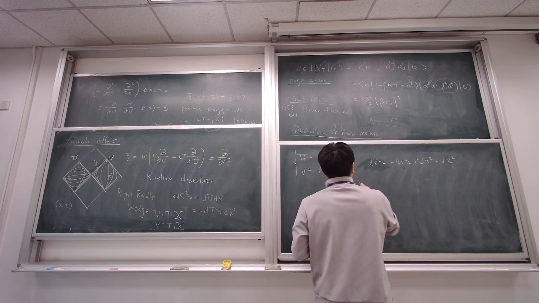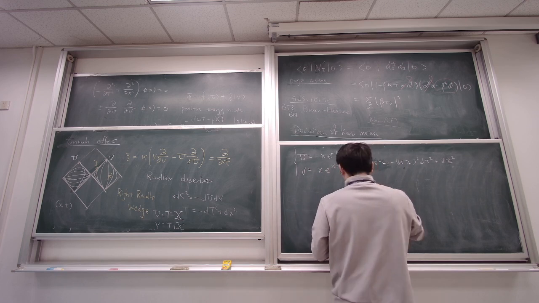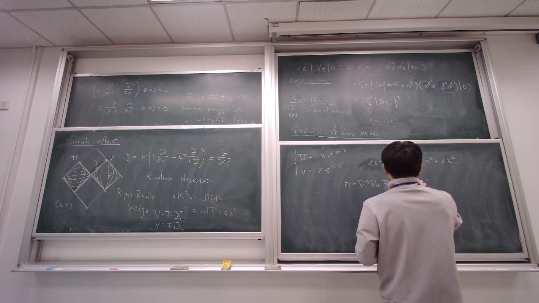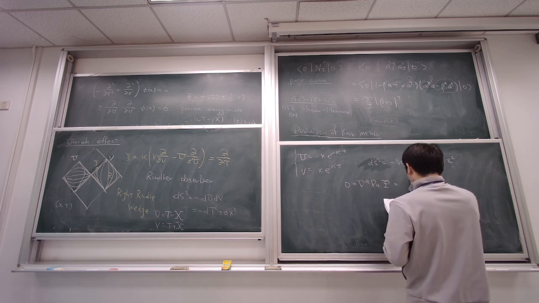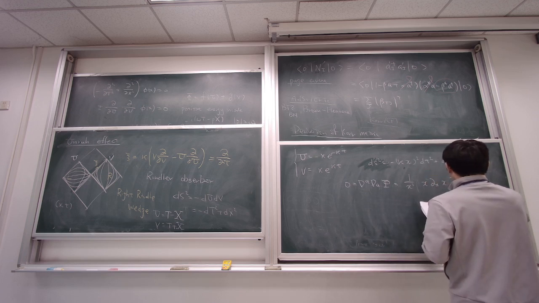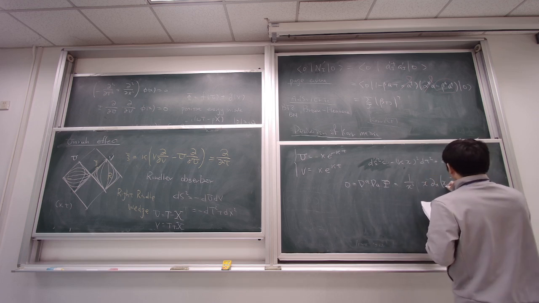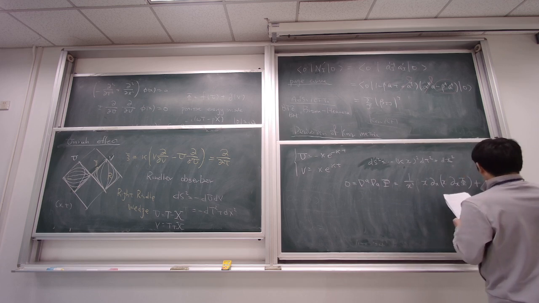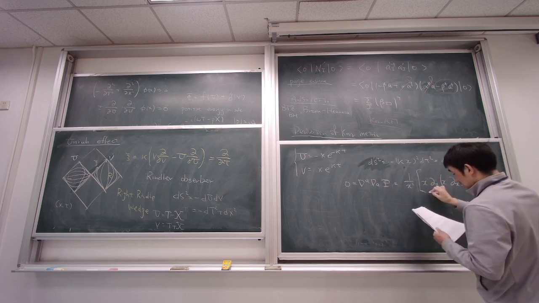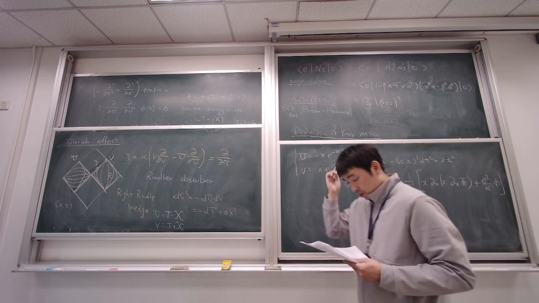So 0 is equal to del A, and then phi, this is equal to like this.